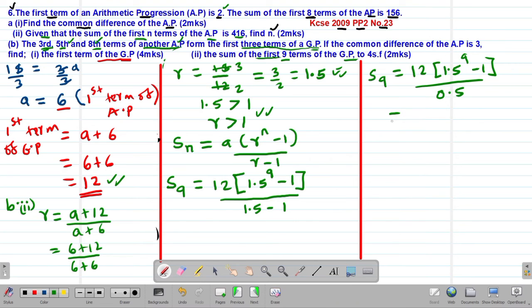So I'm going to separate the working. So I'll have 12 divided by 0.5, then into bracket 1.5 power 9 minus 1.